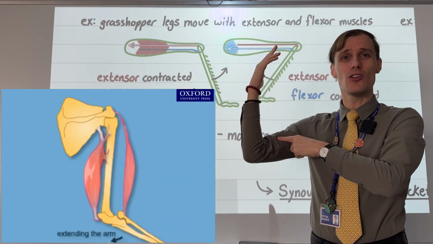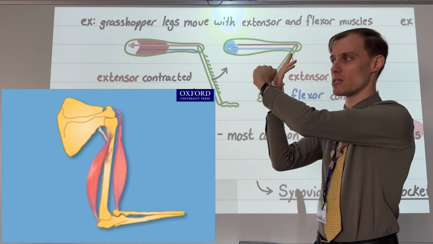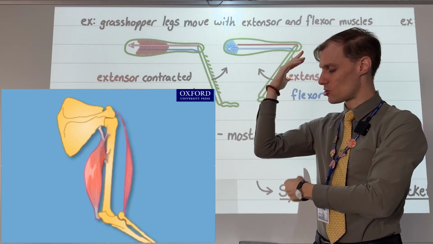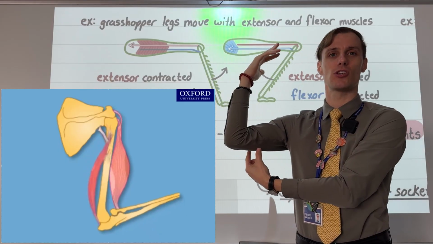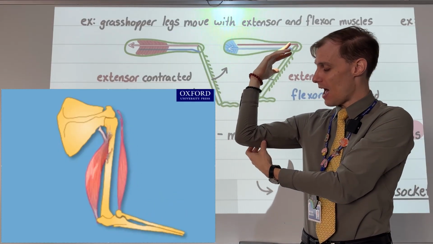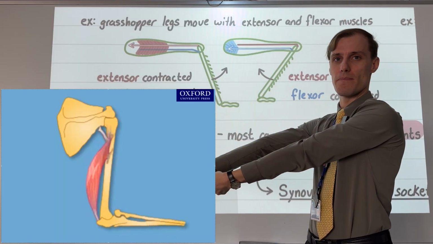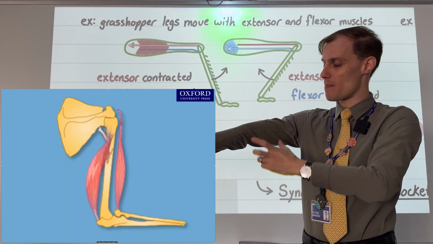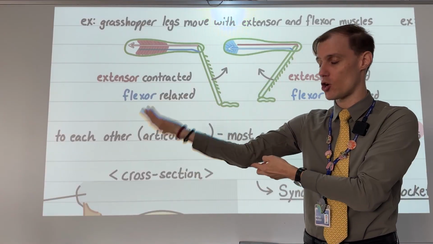But if I continue to contract my bicep, this arm is not going to move in that direction. I need something to pull it back in this direction. So that would be contracting its antagonist, which would be the extensor, my tricep. As I contract this, it's almost like a rope pulling my arm back down this way. So the bicep and the tricep are working antagonistically to allow movement across a joint.